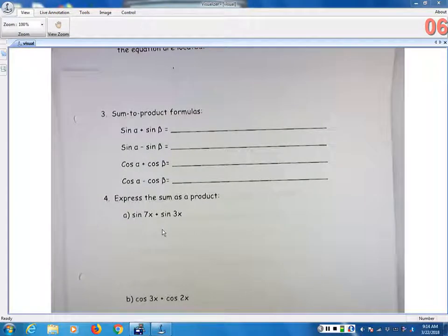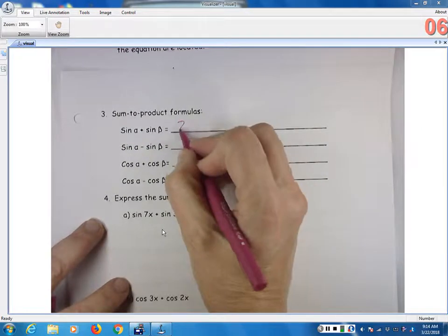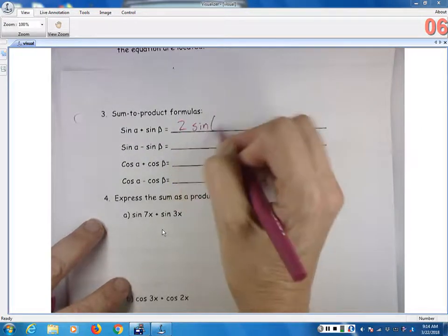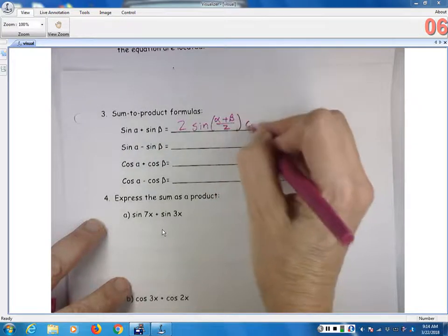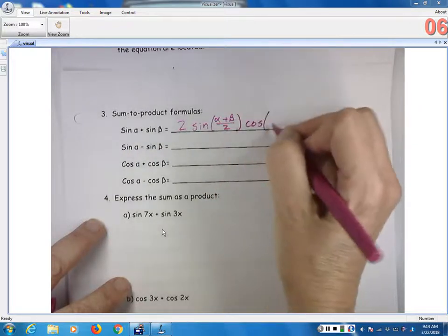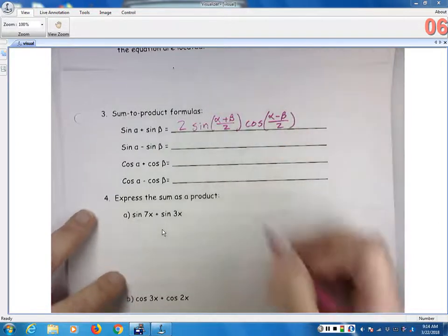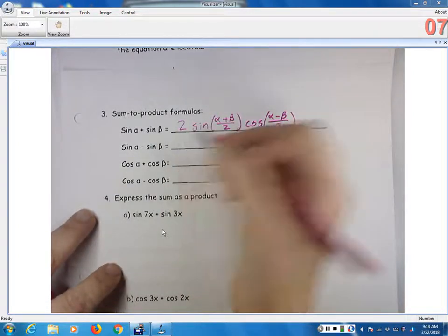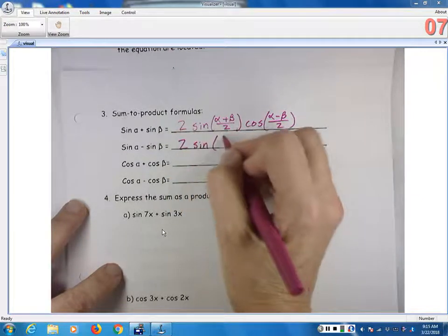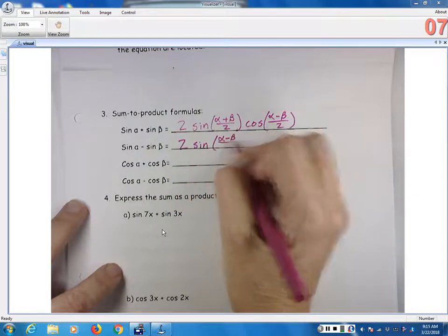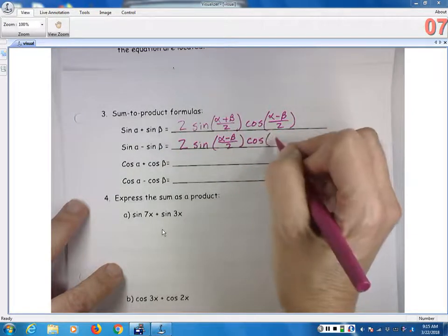Sum to product formula. So these are the sum to product formulas. Most high school trig classes make you memorize all these things. That would be absurd. If you read the book, it keeps giving you clues on how to memorize them.